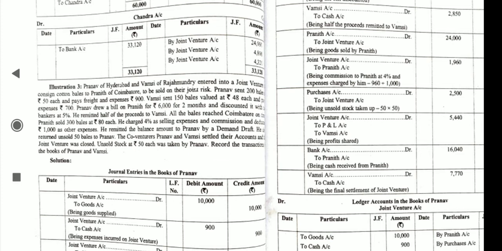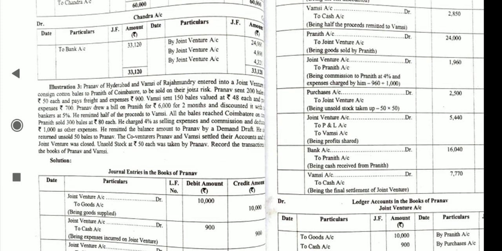Also, similar characteristics are there between joint venture and consignment, but they differ. In a joint venture the co-ventures are like partners, but the parties concerned in a consignment are principal and agent.